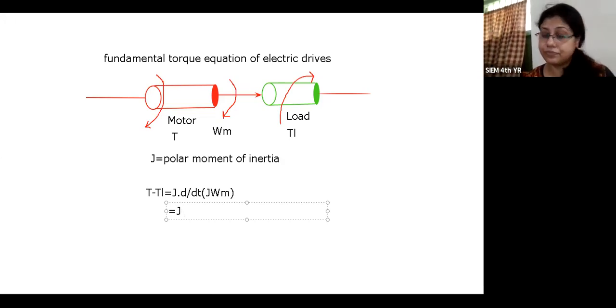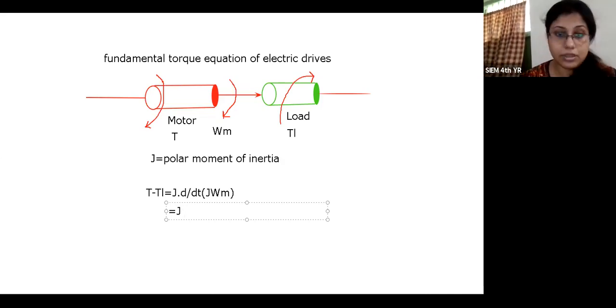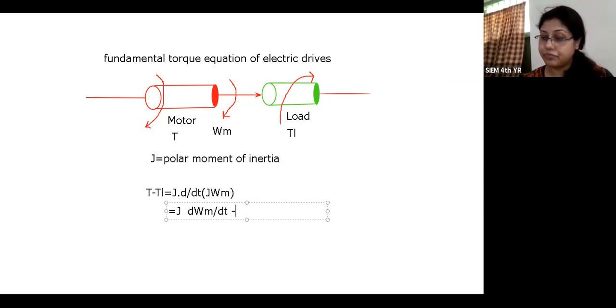Or we can write here J d omega m divided by dt, plus omega m into dJ divided by dt.